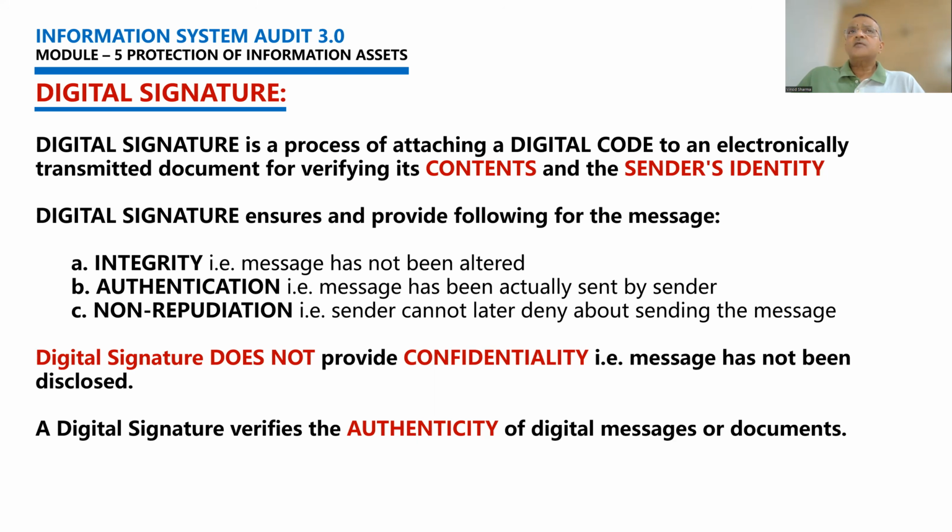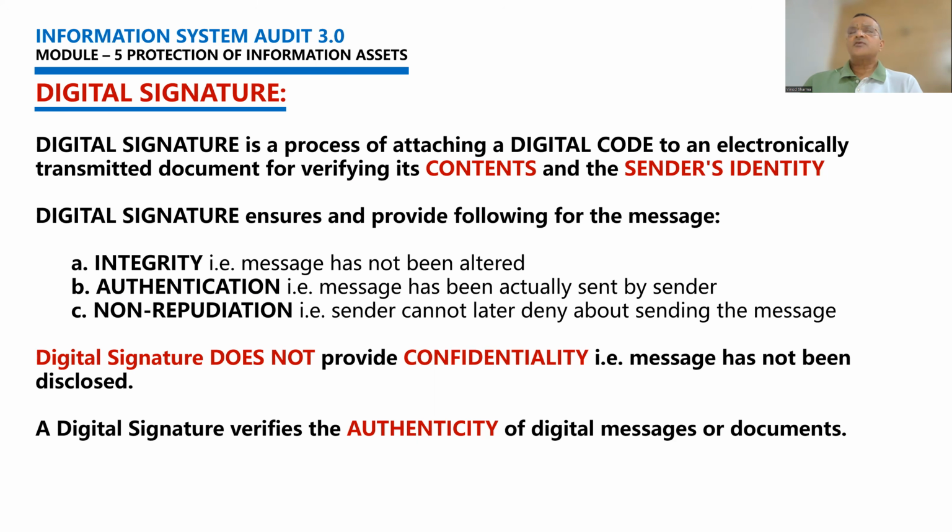Now, the important aspect on which the questions in the ICAI exams are framed is confidentiality. Please remember, when we talk about integrity, we are saying that the contents are not altered or tampered with, but nowhere are we saying that during the transit nobody has seen the document. That talks about confidentiality.